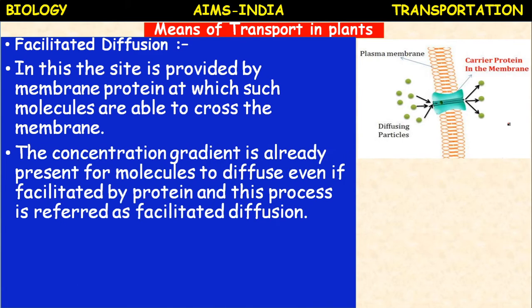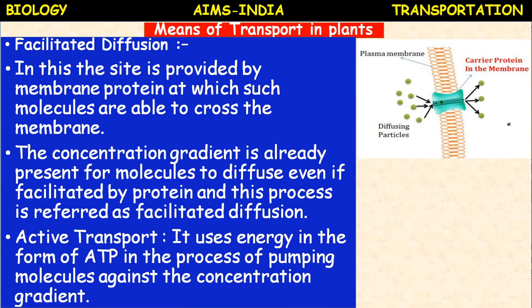The concentration gradient is already present for molecules to diffuse even if facilitated by protein, and this process is referred to as facilitated diffusion. Okay. Then, facilitated diffusion also is a passive process. There is no utilization of energy.